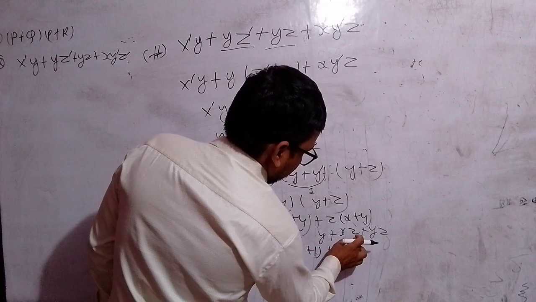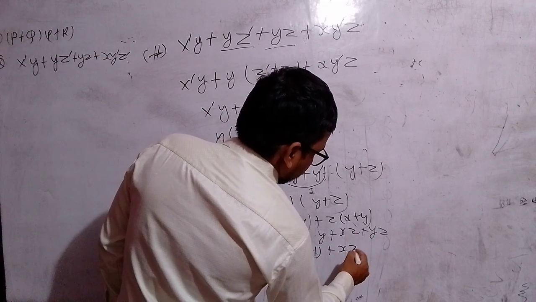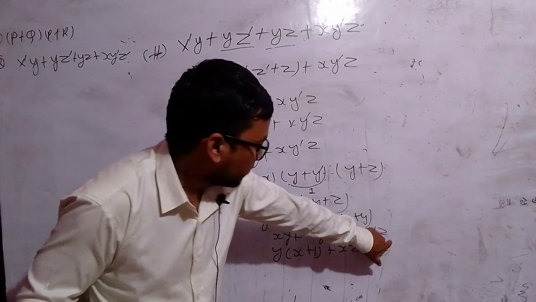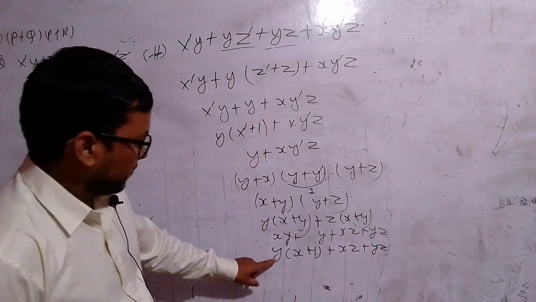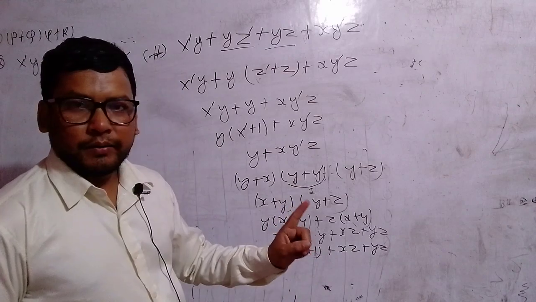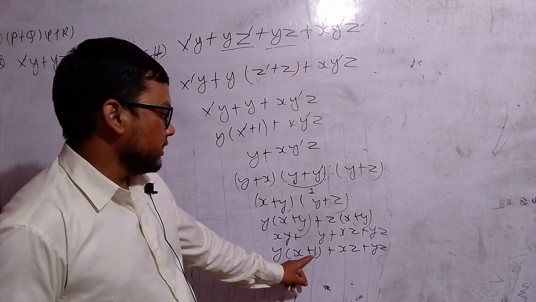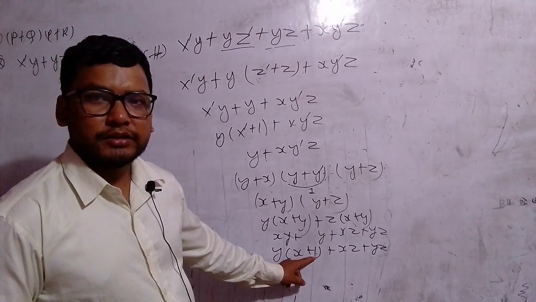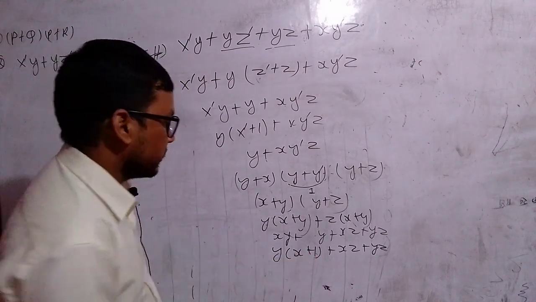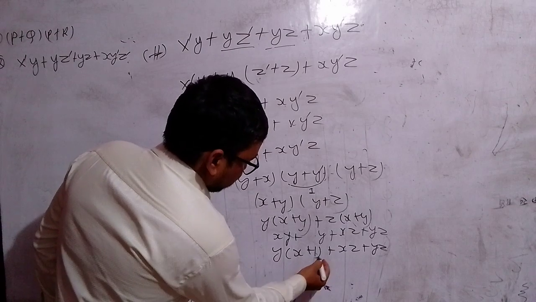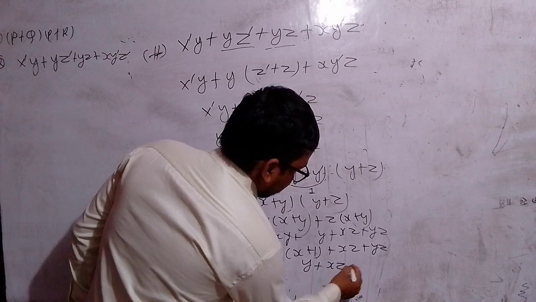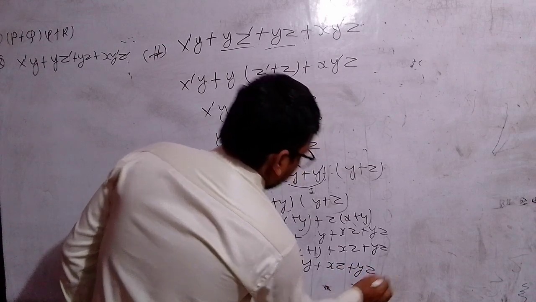Plus XZ plus YZ. X plus 1 gives 1. For the OR operator, if we get any 1 on an input regardless of the other variable, then it gives result 1. That means this can be replaced by 1, Y plus XZ plus YZ.